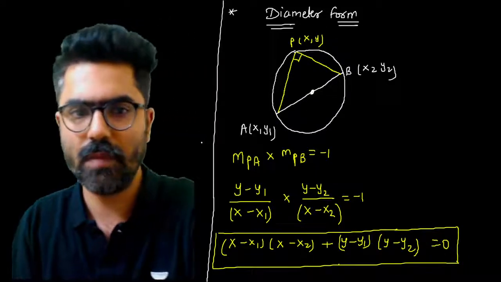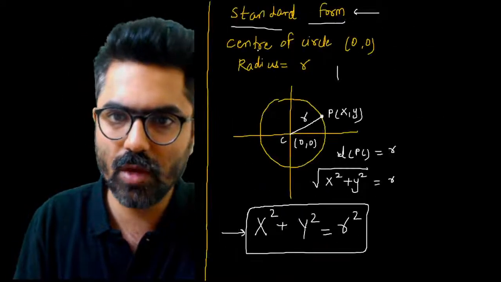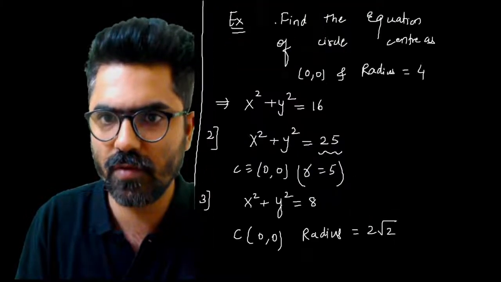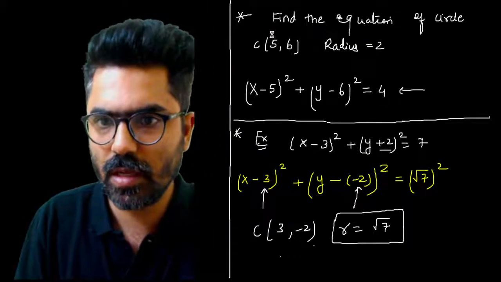Okay, let's take an example based on it. So till now we have understood the three formats: standard form, center radius form, and the diameter form.